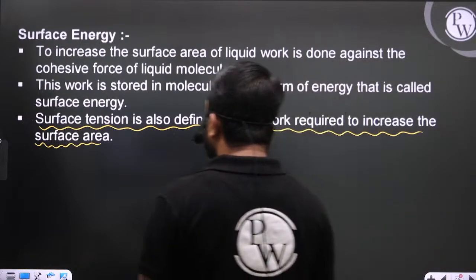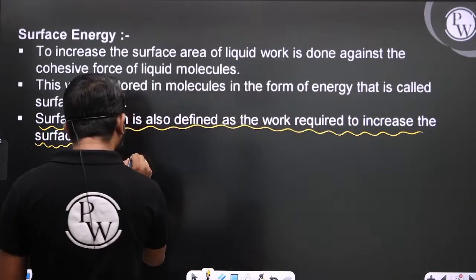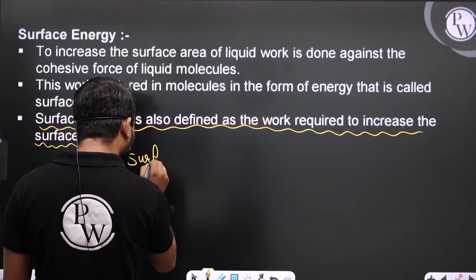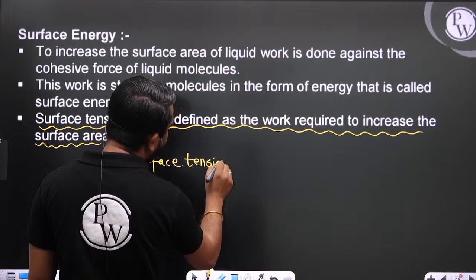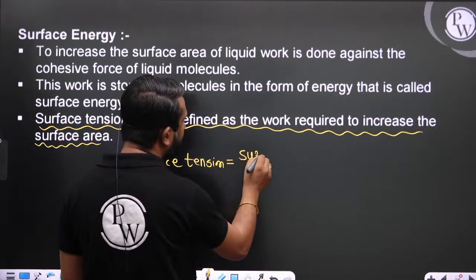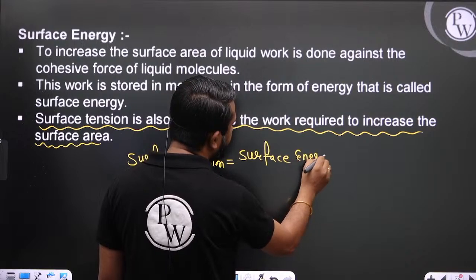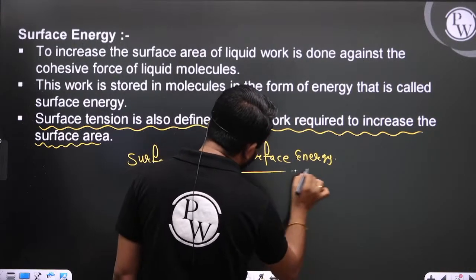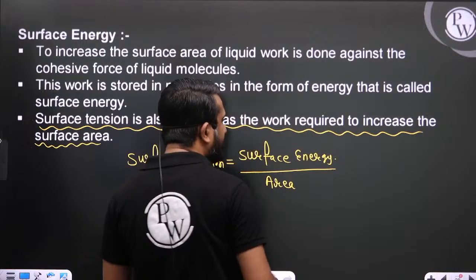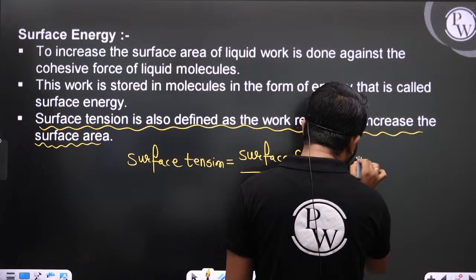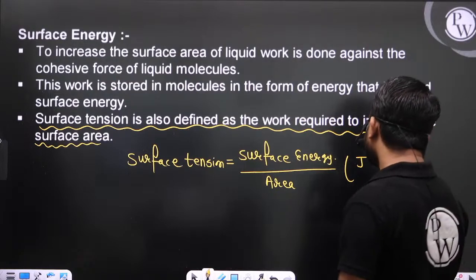Or in simple terms, surface tension is the surface energy per unit area. Energy is denoted by joule and area is denoted by meter square.